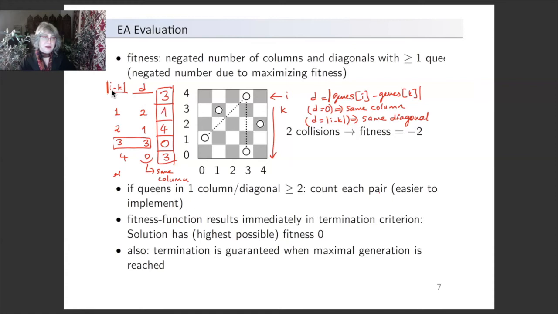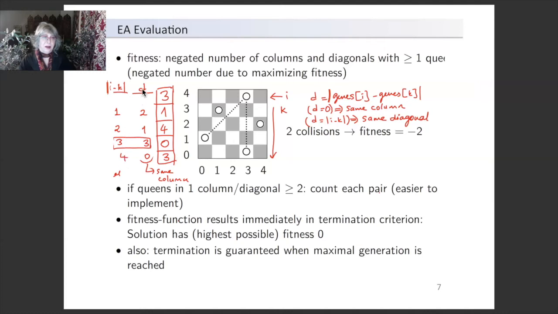Now let's consider I minus K. I is 4 and K is 3 here. I minus K is 1. K is 2, I minus K is 2. And for this one, I minus K is 3. And for the last one, I minus K is 4.